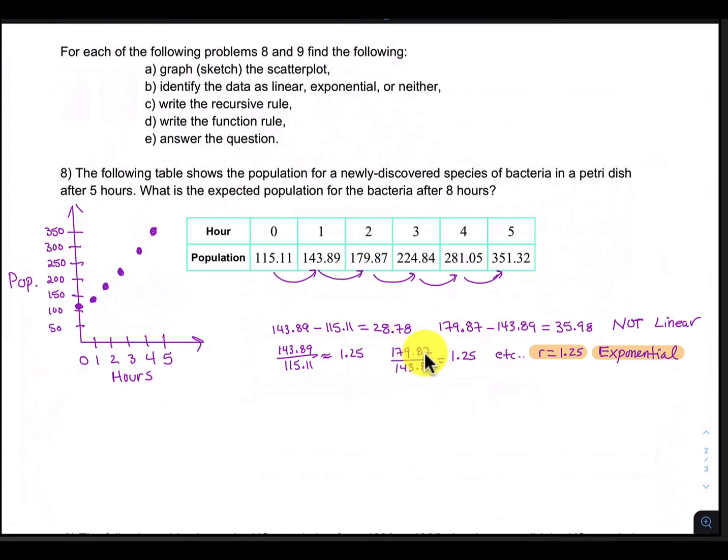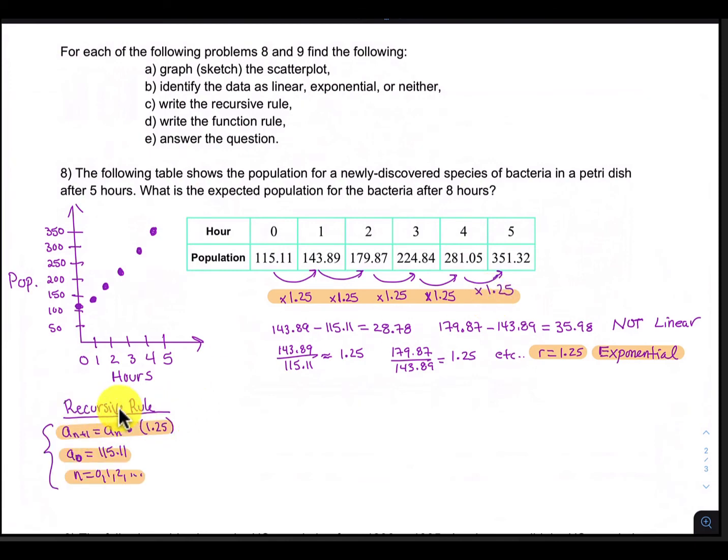So 179.87 divided by 143.89 is 1.25. That's the same as the first ratio. And if we continue all the way down, we would get the same ratio. So we have a common ratio, and that is 1.25, and that means it is exponential. So you're multiplying by 1.25 every time.